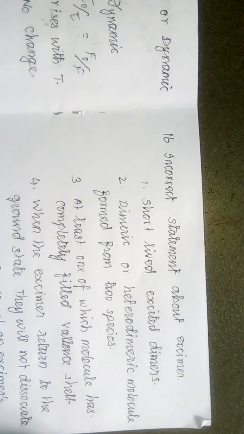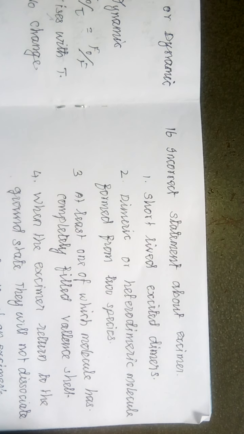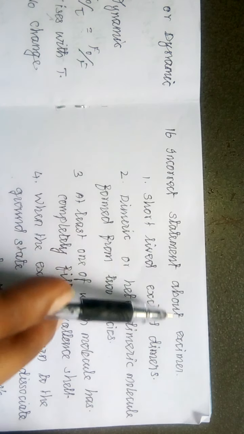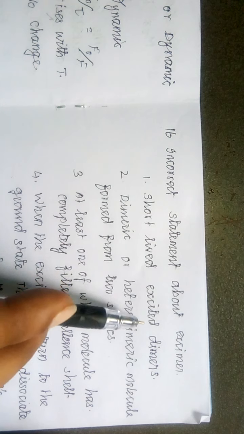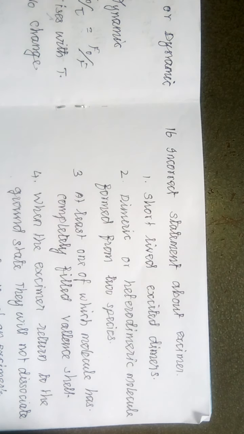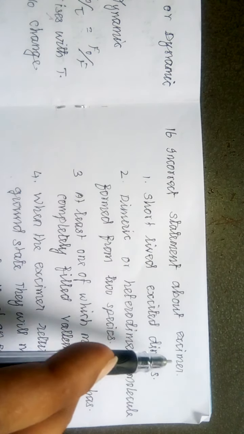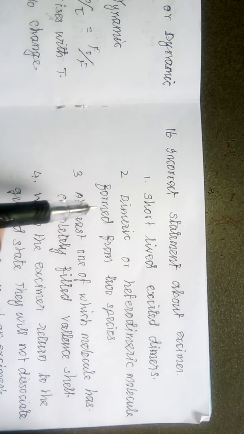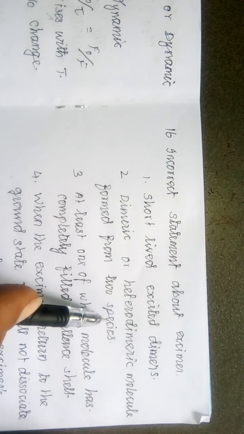Next question: the incorrect statement about the excimer. Excimer and exciplex are in the syllabus for Polytechnic only. An excimer is a short-lived excited dimer. They are formed only in the excited state, and are not available in the ground state. This is the main difference between the excimer and exciplex.